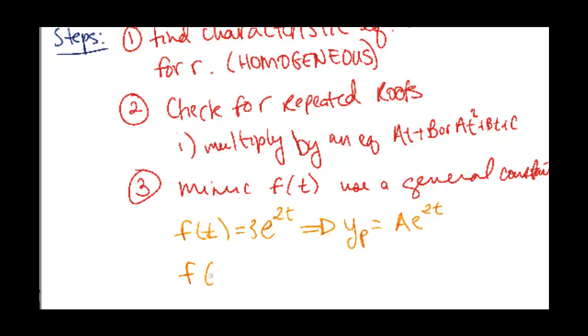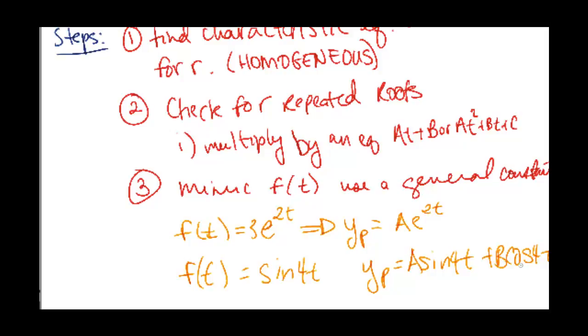Or if f(t), for instance, is sine of 4t, your particular solution should be A sine of 4t plus B cosine of 4t. I would put an A there and a B there.